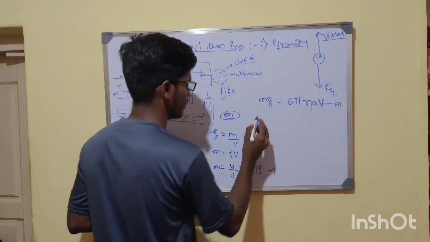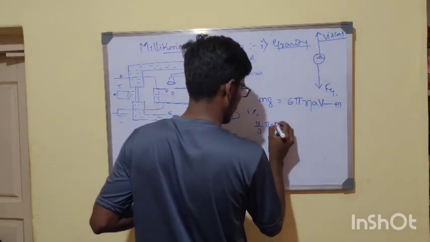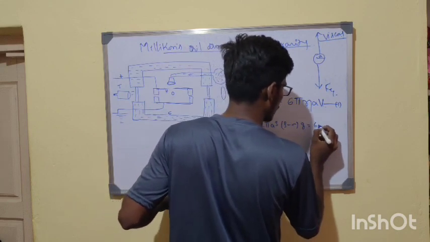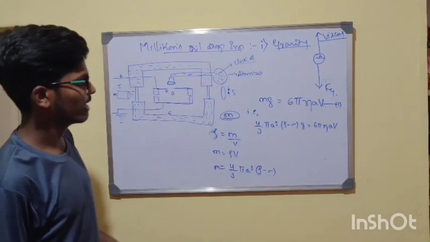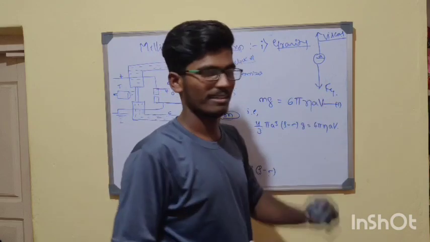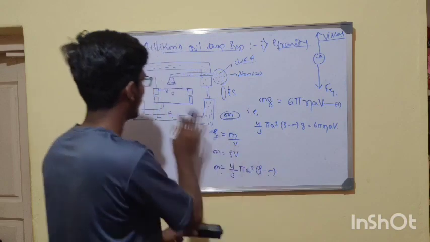We have mg here. That is, we can write 4 by 3 pi a cube (rho minus sigma) into g is equal to 6 pi eta av. Here rho is the density of the oil droplet, but sigma is the density of that air medium.